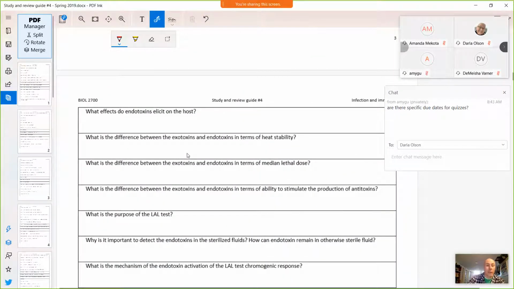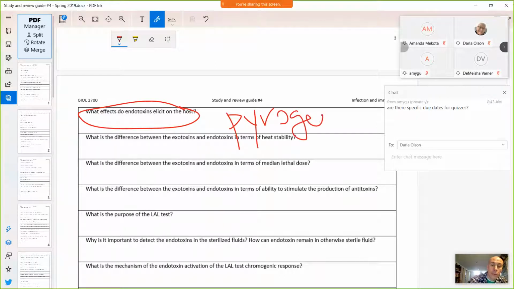Effects of endotoxins. Endotoxins promote non-specific inflammation in the host. So we have myalgia, fever. Sometimes they are referred to as pyrogens, just FYI. A pyrogen is a molecule that can generate temperature.